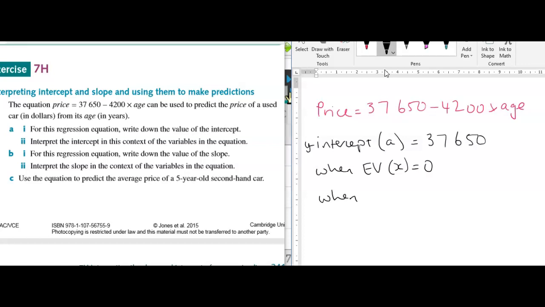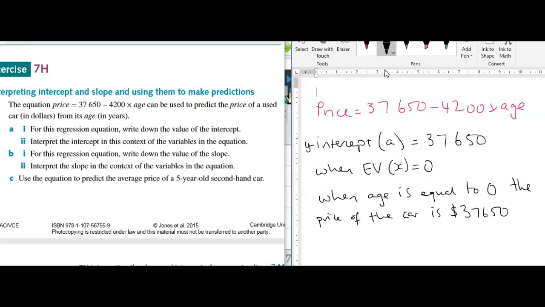For this one, what's your explanatory variable? Age is equal to 0. The price of the car is 37,650. So this is basically a brand new car. When the age is 0, it hasn't been used yet, it's 37,650.